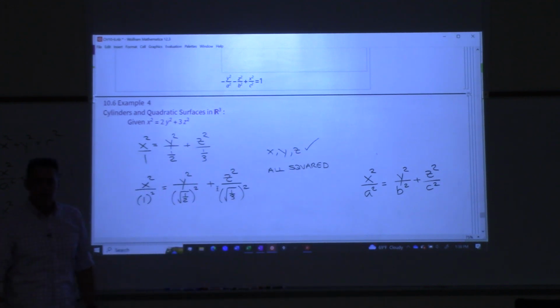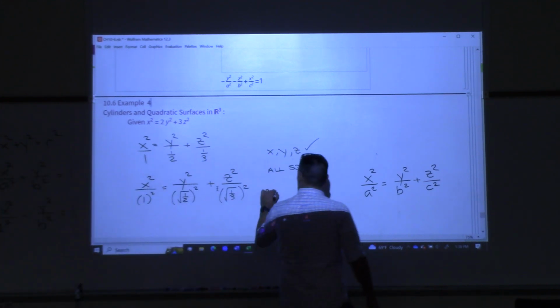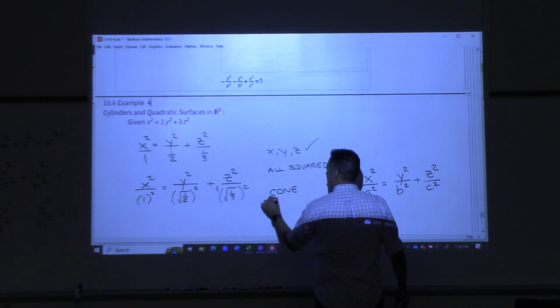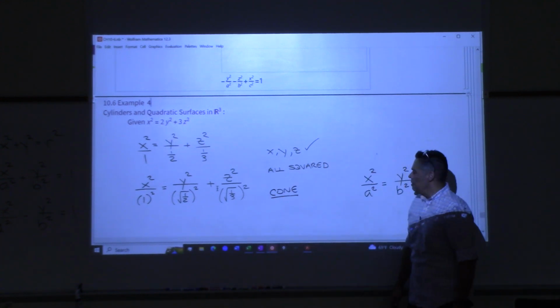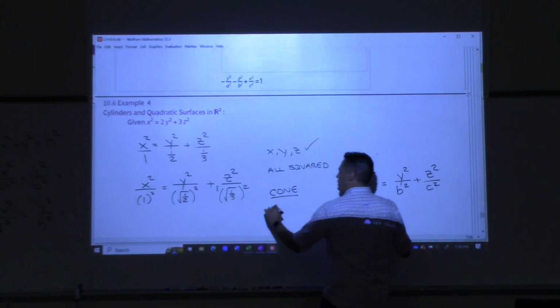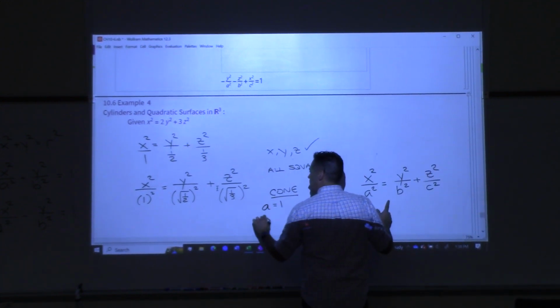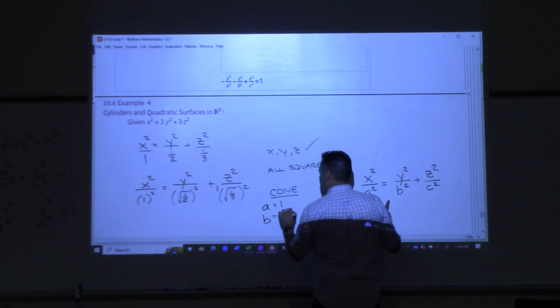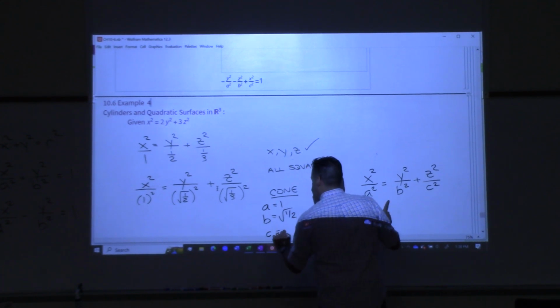That is the standard form of that cone. So I'm going to say here this is a cone, right? This is a cone. Looks like this. And so A for me is 1, B for me is the root of 1/2, and C for me is the root of 1/3.